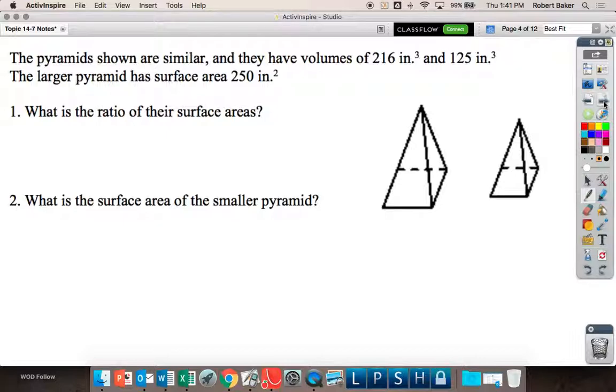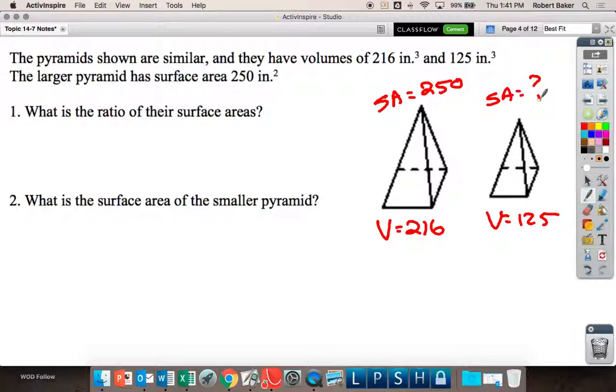So I'm going to write that down. The big pyramid has a volume of 216 cubic inches. The small pyramid has a volume of 125 cubic inches. The surface area of the big pyramid is 250. I'm looking for the surface area of the small pyramid.